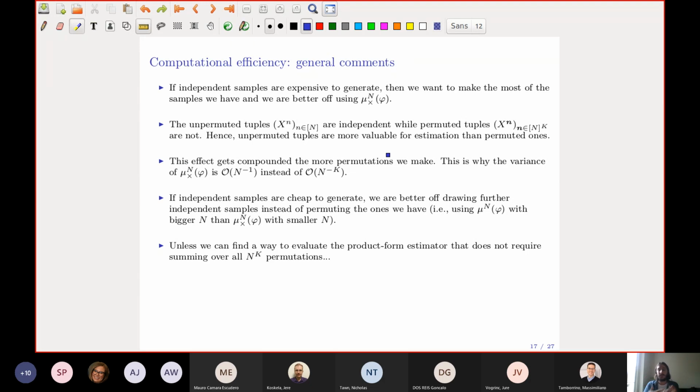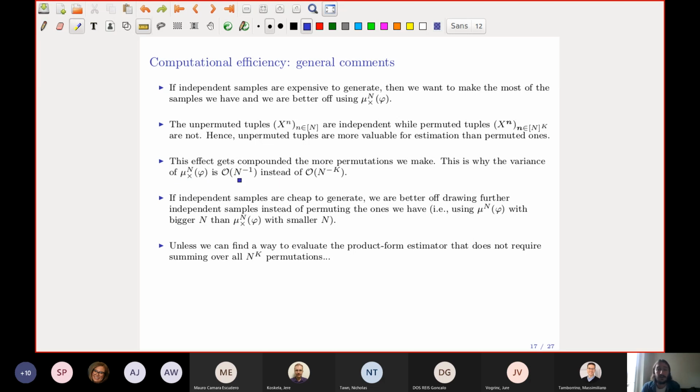But if you have made a lot of permutations by now, you make another one and you have a lot of overlap with the ones that you have in your ensemble, and it gives you very little. And this is actually the reason why the variance of the product form estimator is inversely proportional to n and not inversely proportional to n to the k, which is what you would see using the IID estimator with n to the k independent samples.